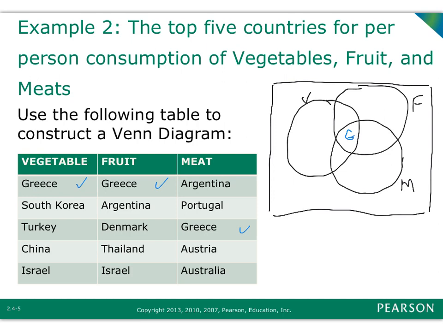If we look at the intersection of vegetables and fruit, for example, we go down and we see that Israel is in the top for vegetables and fruit, so we put Israel here. And now we'll look at, is there fruit and meat that happen to be the same? And in fact, we do have Argentina.